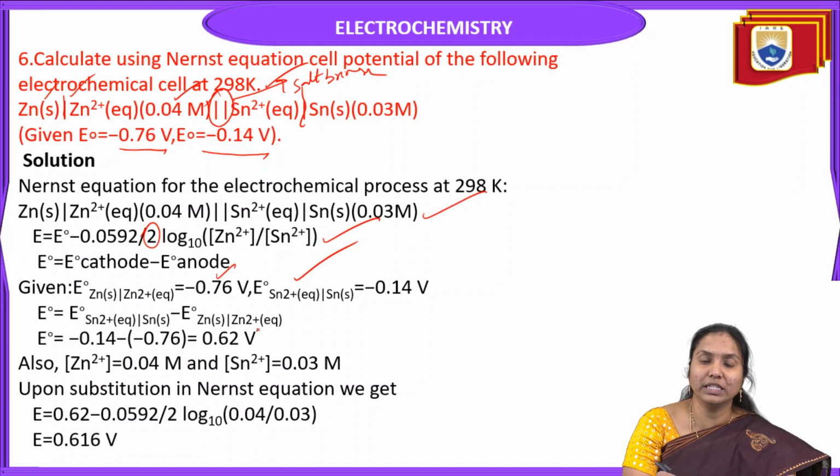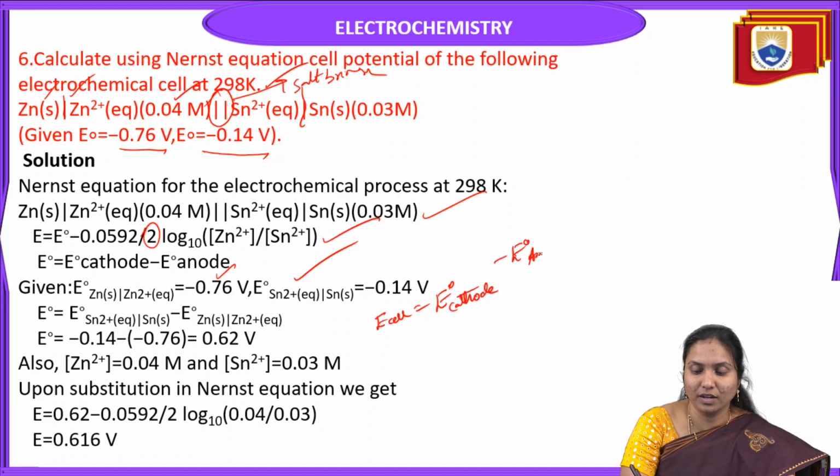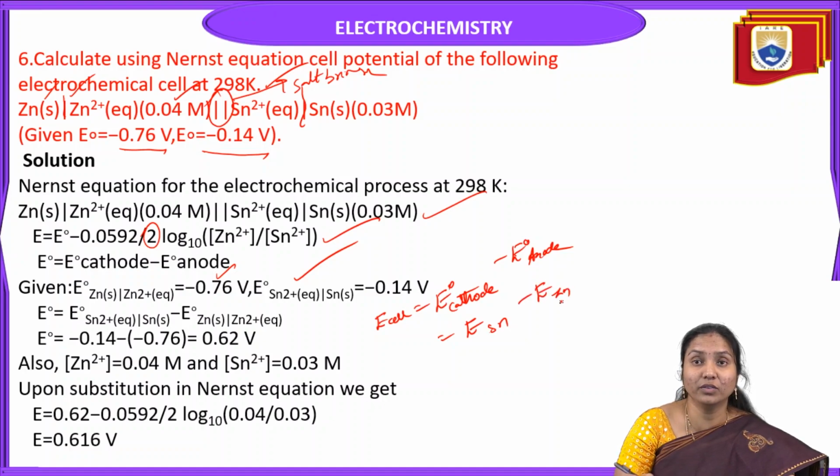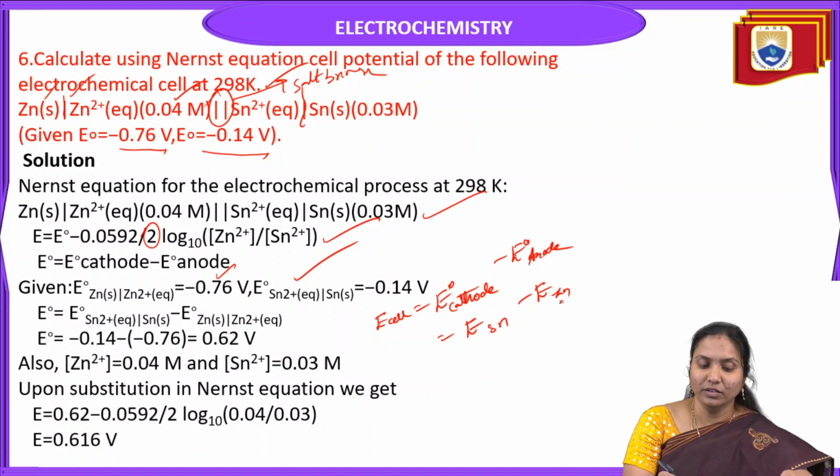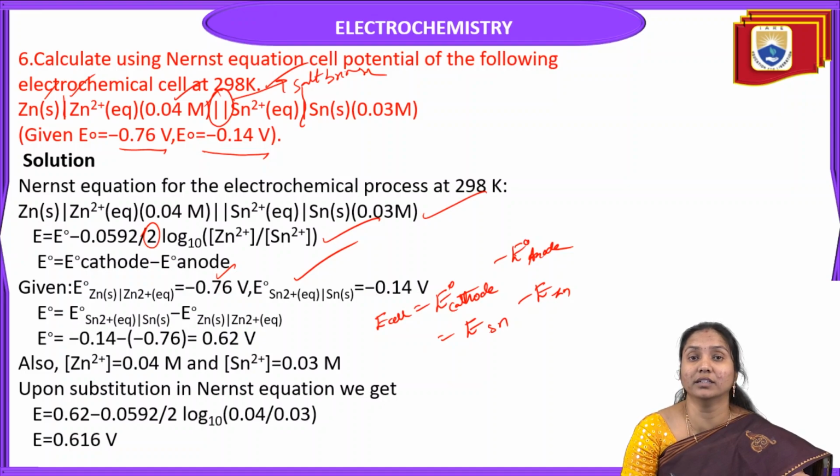So we can substitute in this formula: E cell equals E naught cathode minus E naught anode. Here we take the cathode as tin and the anode as zinc according to the electrochemical series. Zinc has more anodic nature, so it acts as the anode compared to tin.